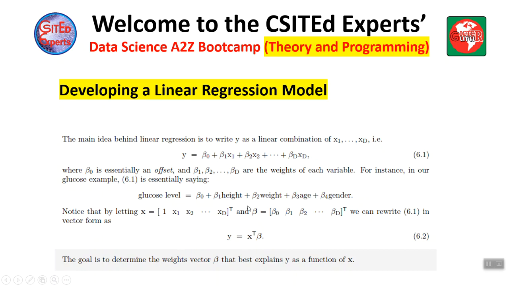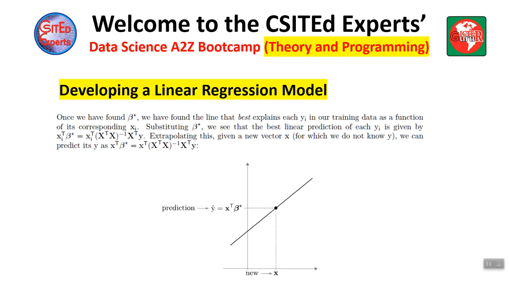So our goal, as we discussed in the theory section, is to determine the beta. Each of the betas we need to determine. When we determine the beta, then our prediction y, the dependent variable prediction, is easy to calculate.